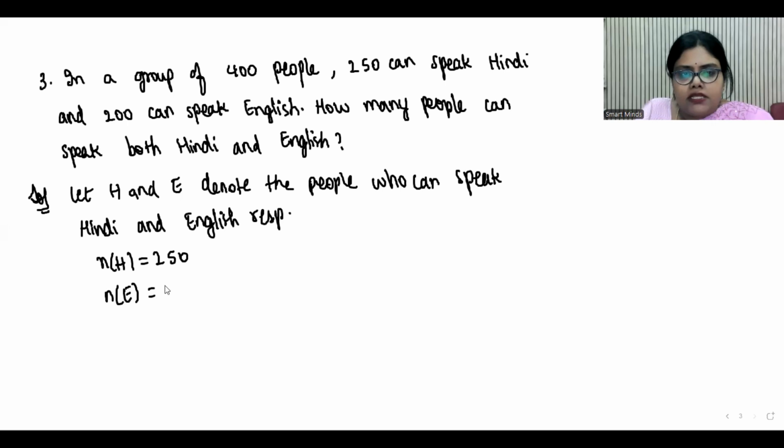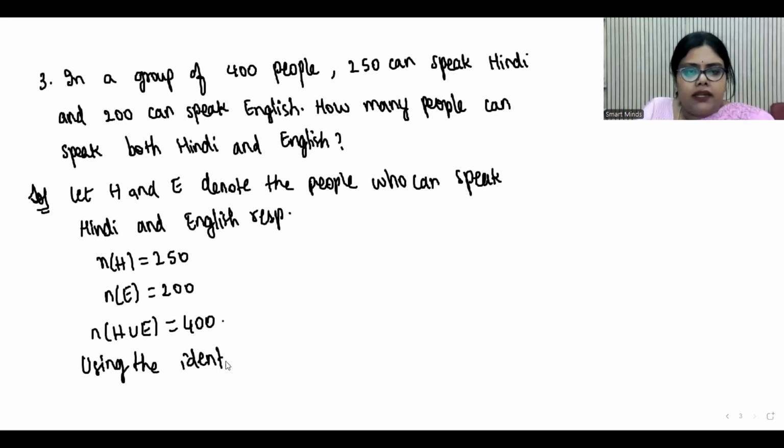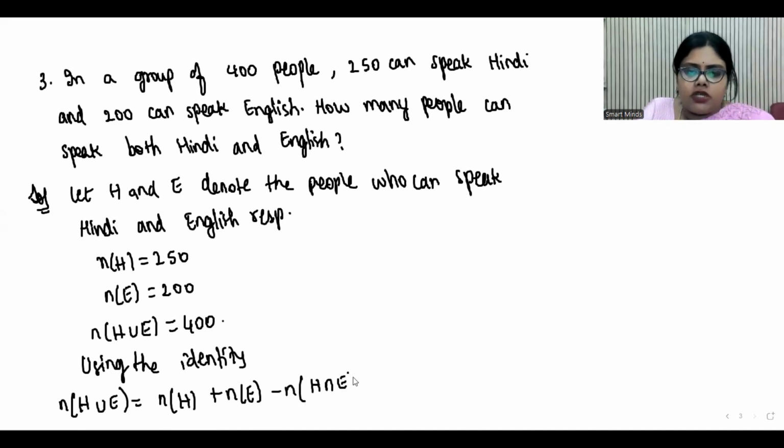N of E is 200. N of H union E is 400. Now we have an identity, that is the formula. What is the identity we have? N of H union E is equal to n of H plus n of E minus n of H intersection E. Now here we need to find n of H intersection E.